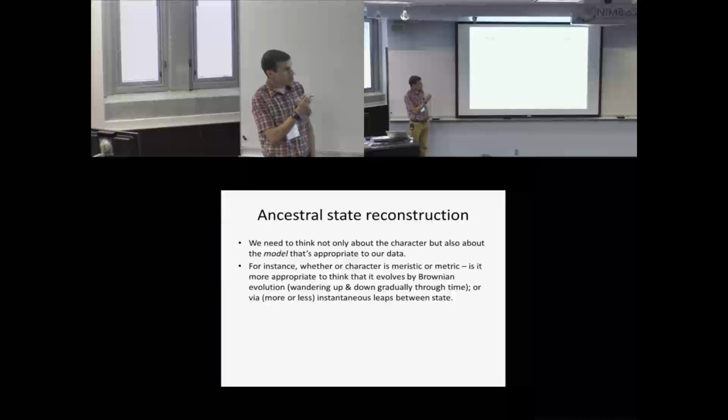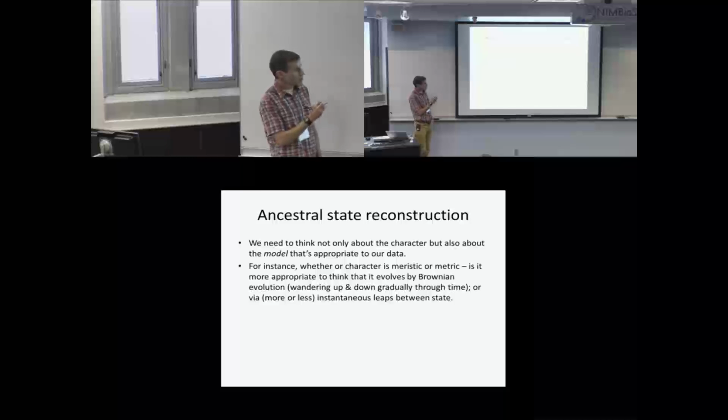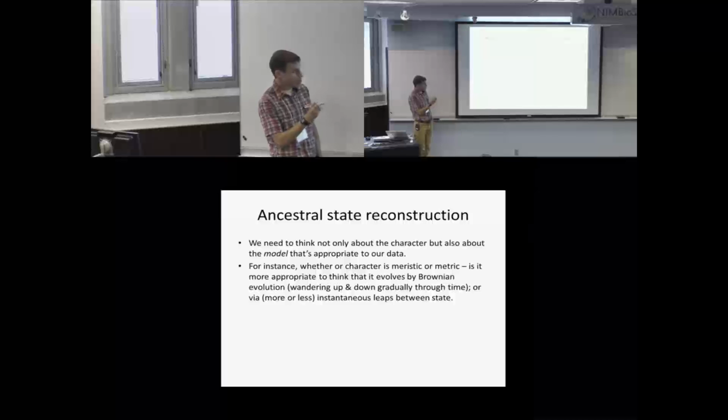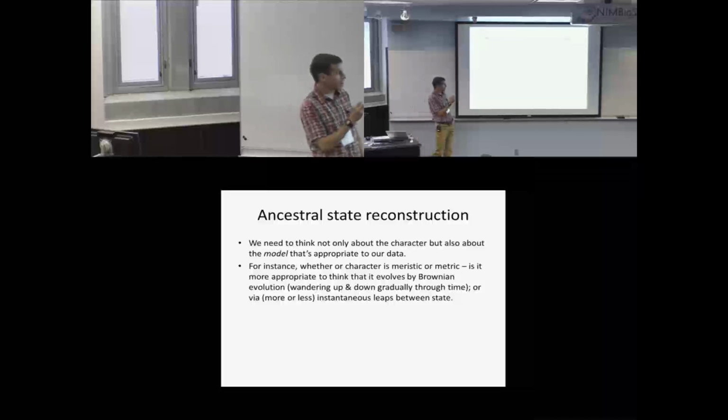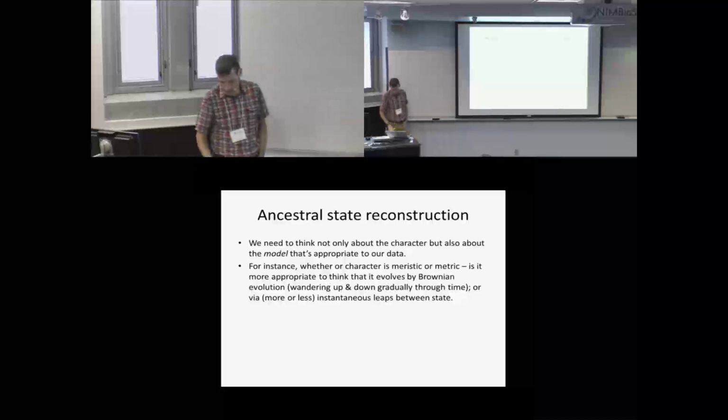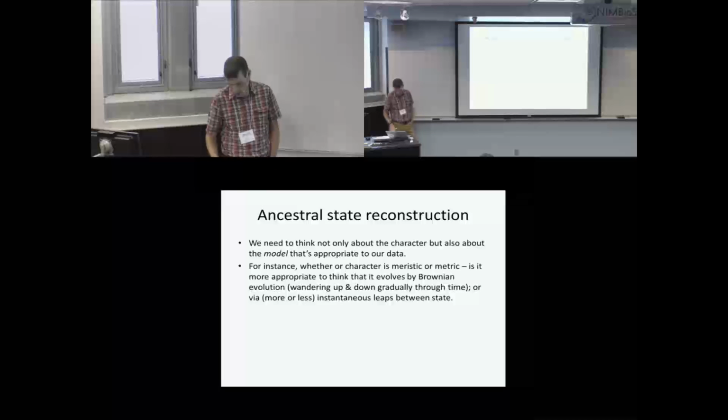In other words, is it more appropriate to think that it might wander up and down gradually through time? Or is it more appropriate to think that the character might change state more or less instantaneously, obviously nothing changes instantaneously, but on an evolutionary time scale? Then perhaps it's more appropriate to treat it as a discrete character in our analysis.